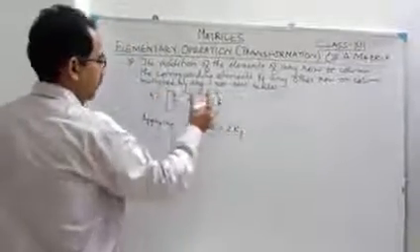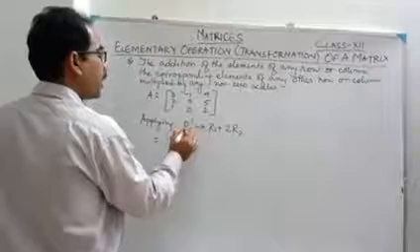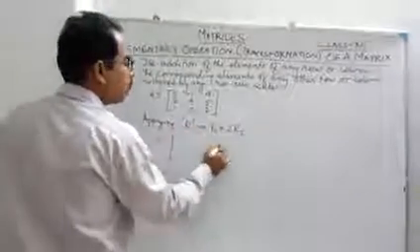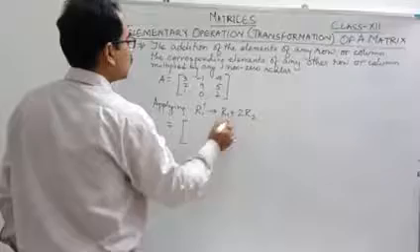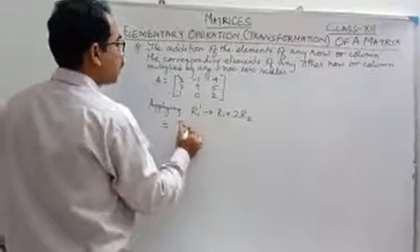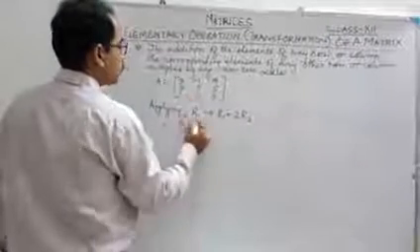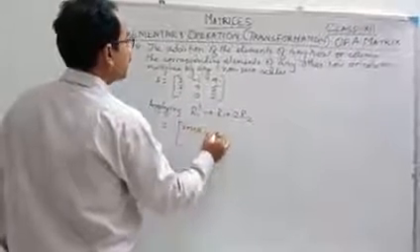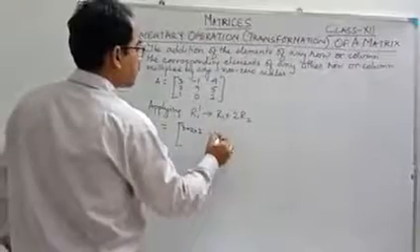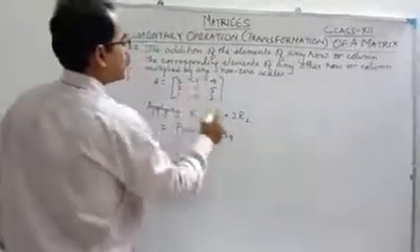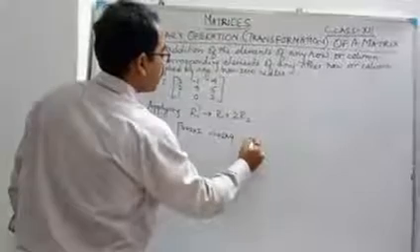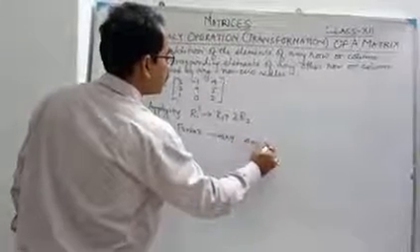This will be reframed. R1 prime, whatever row 1 will be, will be R1 plus 2R2. That means 3 plus 2 into 2, here minus 1 plus 2 into 9, because 9 is in R2, and here 4 plus 2 into 5.